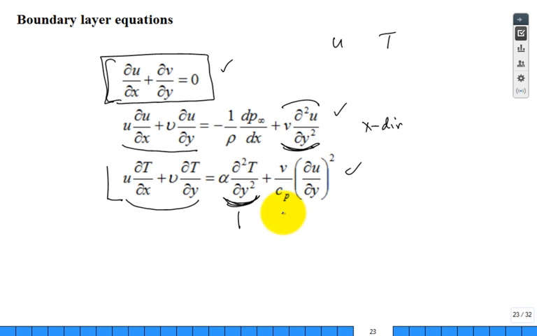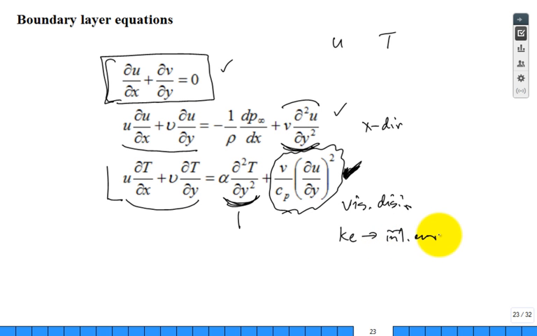Okay, this term is kind of a crazy term. Anybody want to guess what that term looks like? Because you did have the energy equation in your fluid mechanics text. But what is that term? You probably wouldn't recall. It's viscous dissipation. The kinetic energy goes to internal energy, or mechanical energy goes to thermal energy.